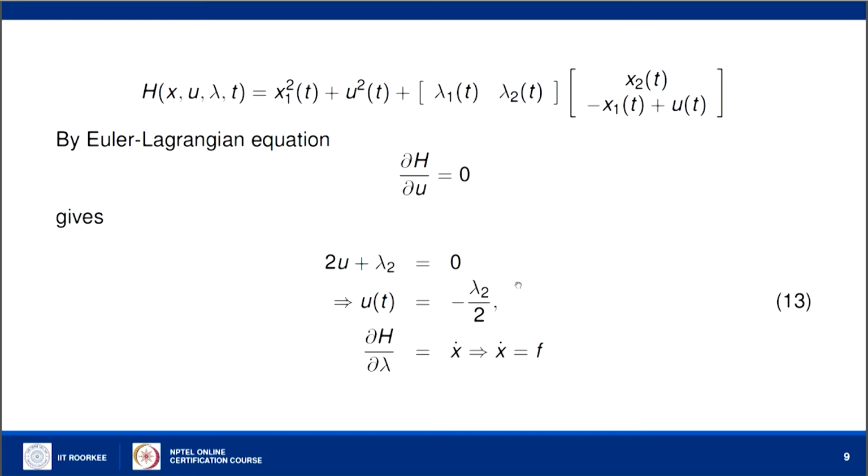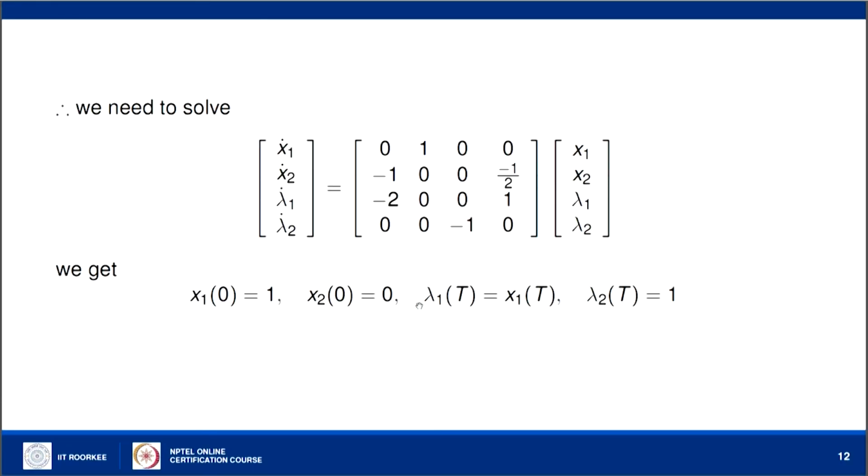So lambda 2 of t, which we solve from the system of equations, is substituted here, and we get the control u of t, which is called the optimal control for this problem. The solution x1 of t and x2 of t, obtained with the boundary conditions, we call the optimal state of the system.